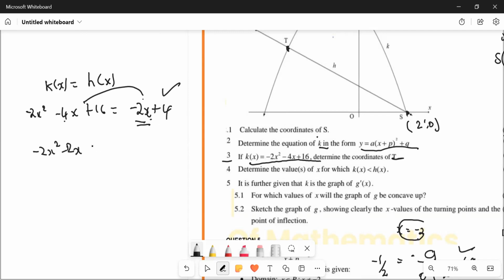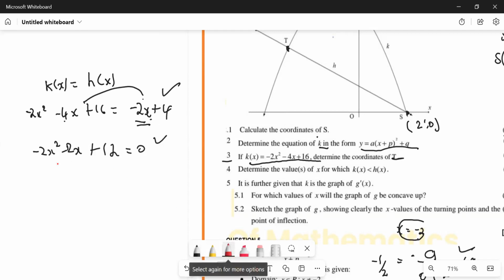Take this one to the other side, you're going to have +12, which is equal to 0. And then we can give you a mark for putting it in standard form. There are 2 standard forms that you can have. Another standard form is 2x squared plus 2x minus 12, which is equal to 0. It's either you mark this one or you mark this one.